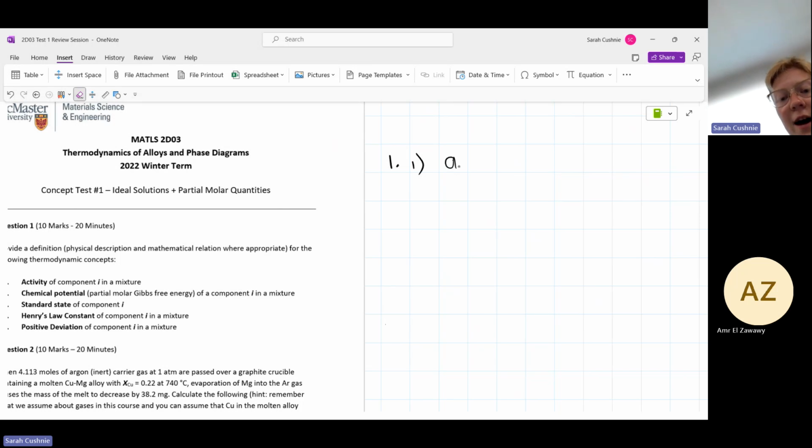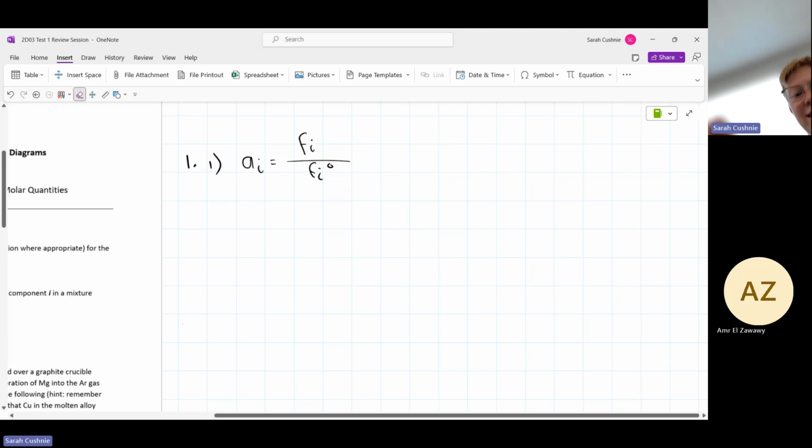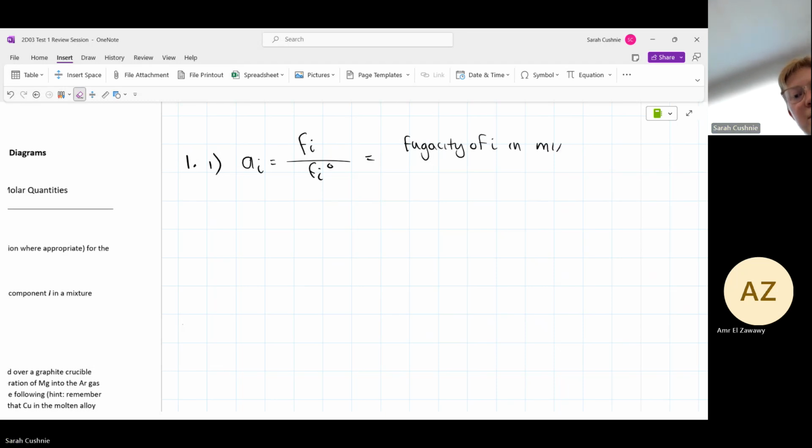So activity of I is defined as the fugacity of component I in the mixture, all over the fugacity of component I in the standard state. So I'm going to write that out in words: fugacity of I in the mixture, all over the fugacity of I in standard state.